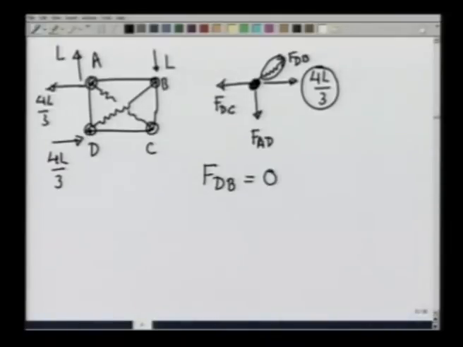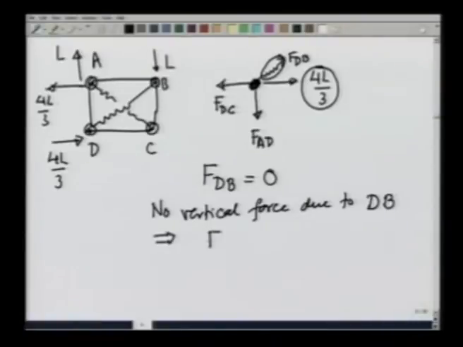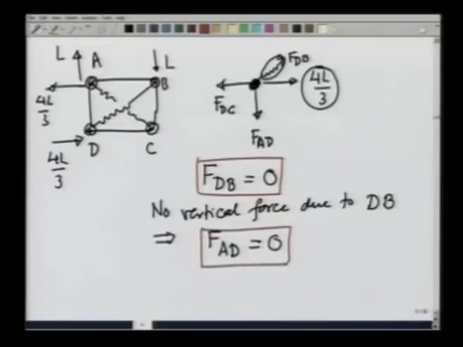If F DB is going to be 0, that means there is going to be no vertical component of force due to element DB. This also implies that FAD is equal to 0. So, we have found two forces, FDB, which is 0, and FAD, which is 0.